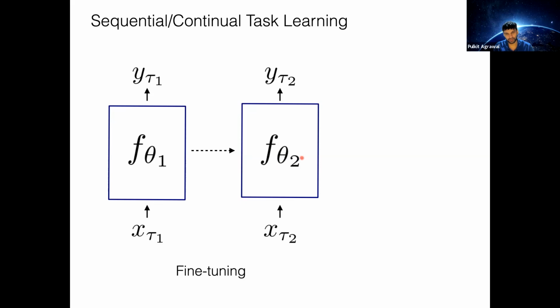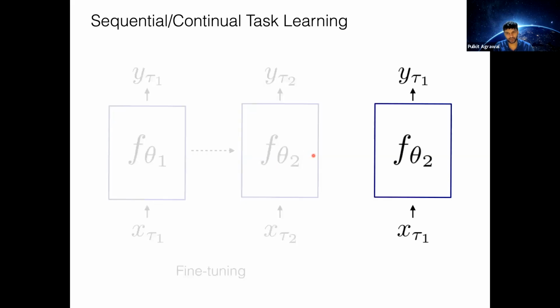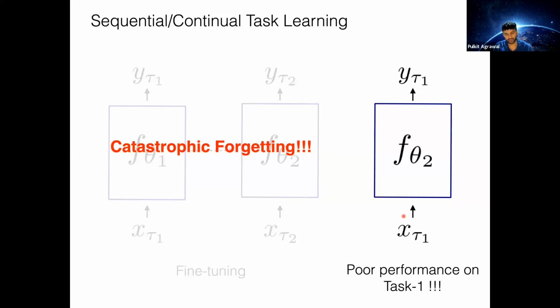What is this problem? Now suppose I have these parameters theta2 which were tuned for the second task. If I go to the first task and compute performance, it turns out my performance ends up being quite bad. The performance on task one is very poor. And this problem is known as catastrophic forgetting.